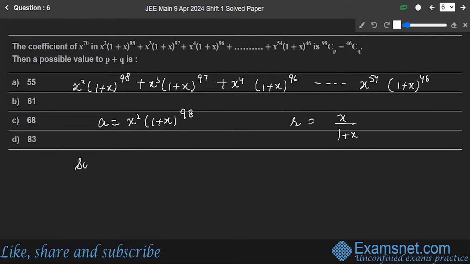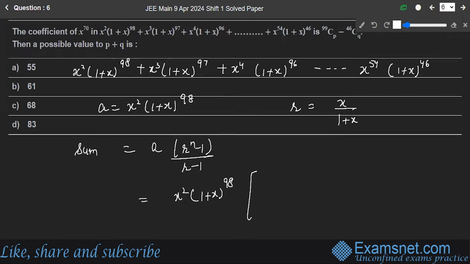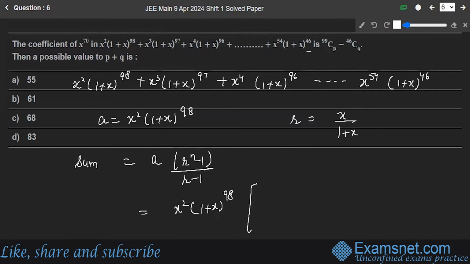So sum of the GP is given by first term into (r^n minus 1) upon (r minus 1). So this is equal to x squared (1 plus x)^98 into (r^n minus 1) upon (r minus 1). Now what is the number of terms? It's going till 46 starting from 98. So 98 minus 46, this is equal to 52, plus 1 because I'll be considering this term as well.